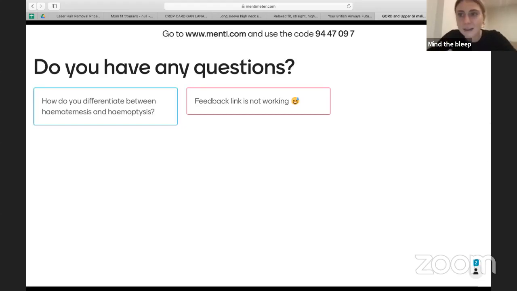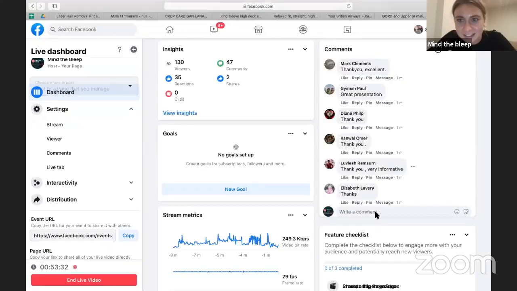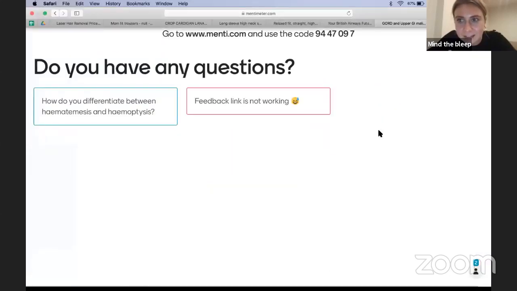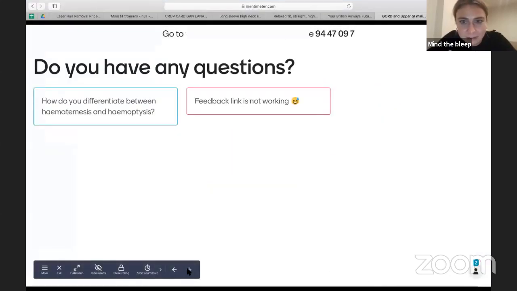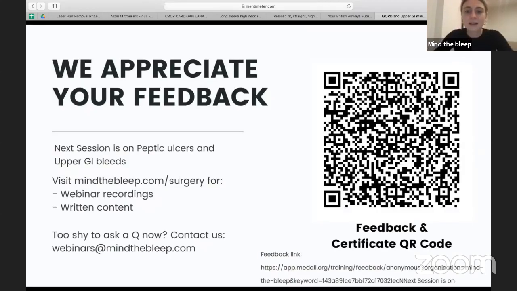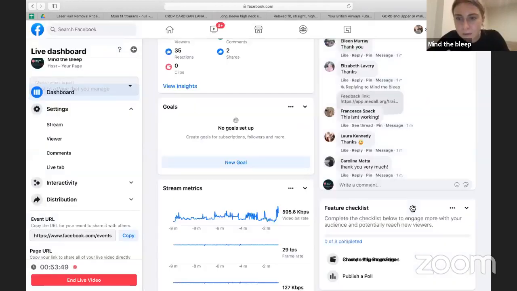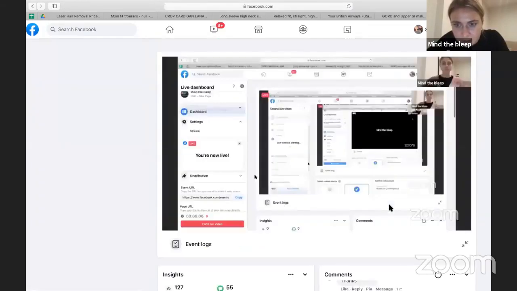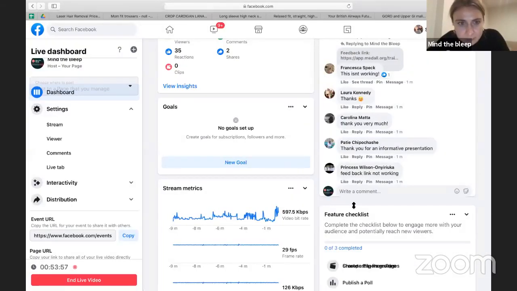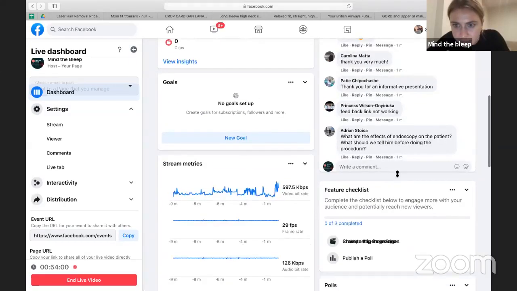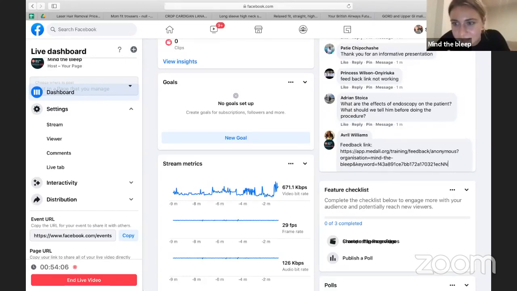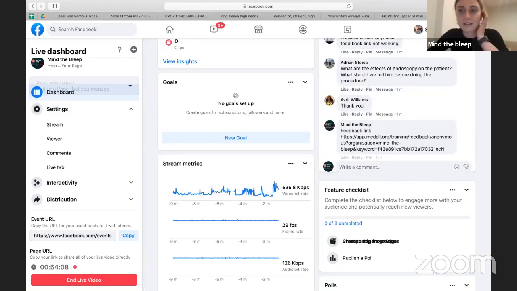Oh, the feedback link is not working. That is very important. Okay, just give me 1 second. Can you try scanning the QR code? Well, actually, I think I know what I've done wrong. Okay, if you can try now.